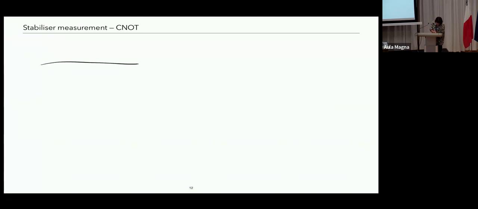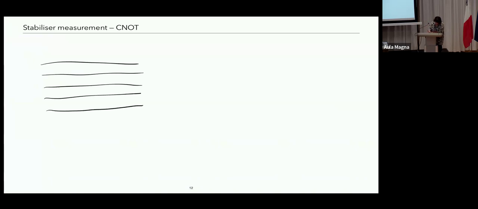As you probably know, let's suppose that I want to measure this stabilizer here, just a phase operator.